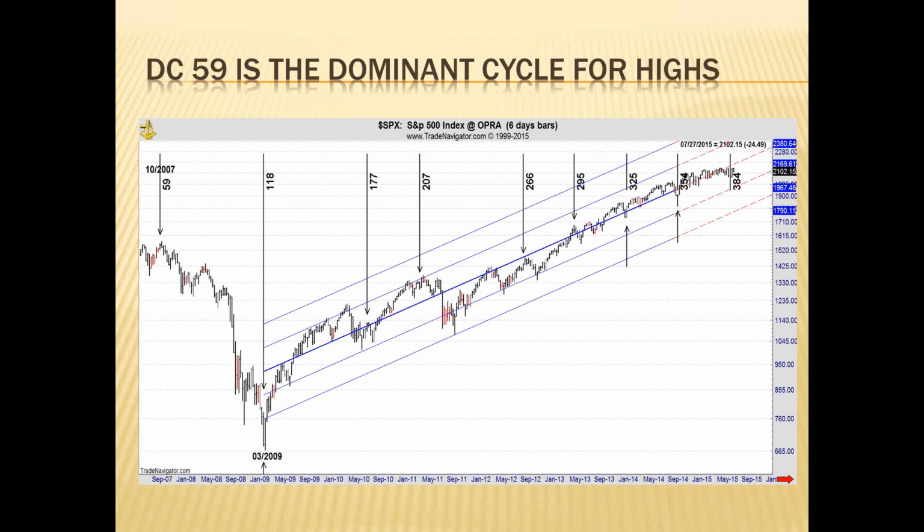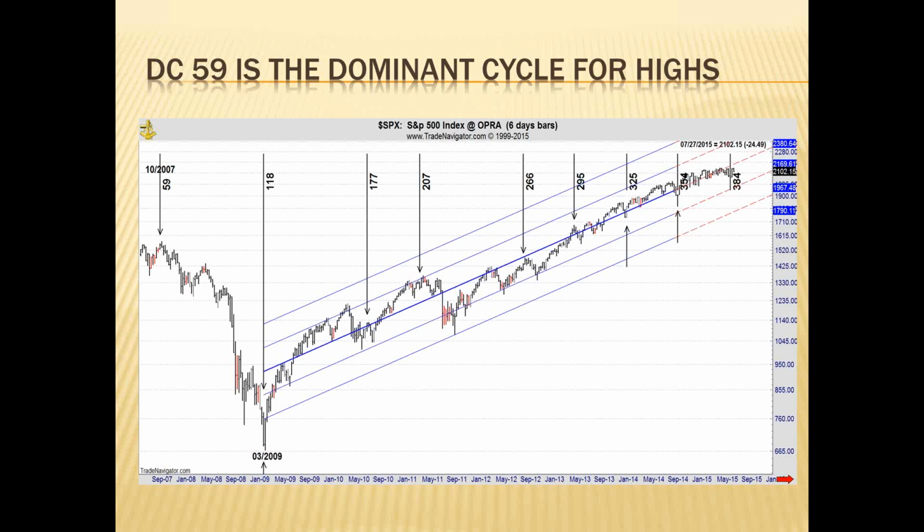There's the October high in 2007, and that came in on a Daniel Code 59 cycle. This is the 6-day chart, which is our primary timing chart. We have techniques we can do this on daily charts as well, but we start off with the 6, 12, and 24-day charts. The 6 is the most useful most of the time.